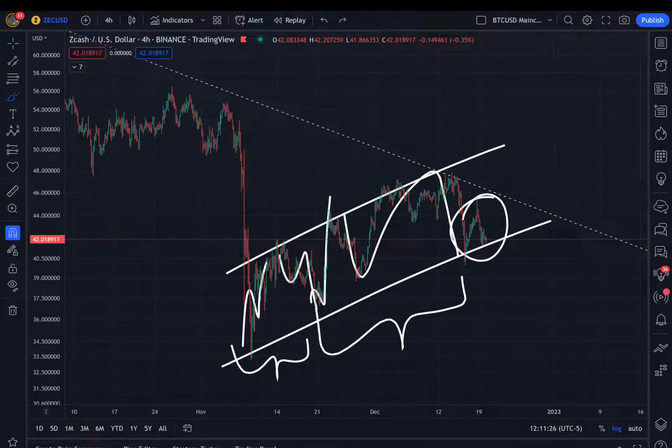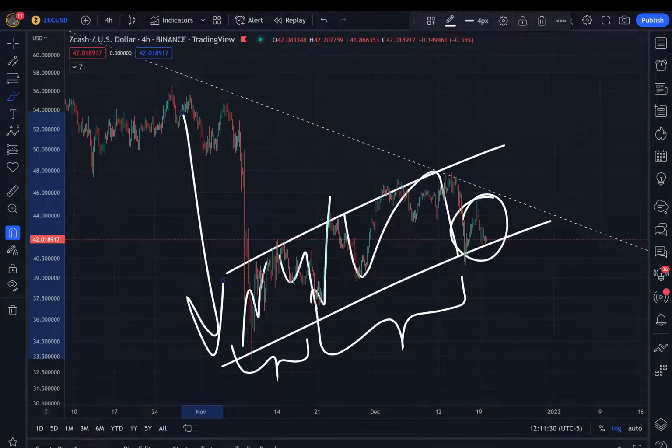But in actuality, if you think about it, this drawdown just happened on this time frame, okay? Every single time you have a drawdown or a markup, you need an absorption or distribution. You need an absorption of the supply after a drawdown. You need a distribution of the supply after a markup.